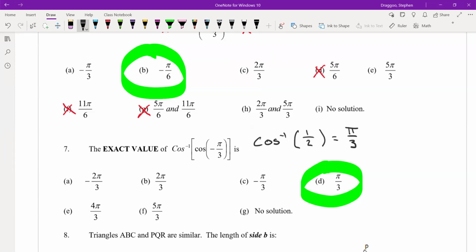And -π/3 puts us into the 4th quadrant. So you have to do a little bit of work in order to cancel out the cosine inverse and the cosine. As you can see, we don't get exactly -π/3 when we're done, we get +π/3. But there is certainly an element of those two functions canceling each other out. Yeah, just have to be careful about your domain. Or your range, I guess.